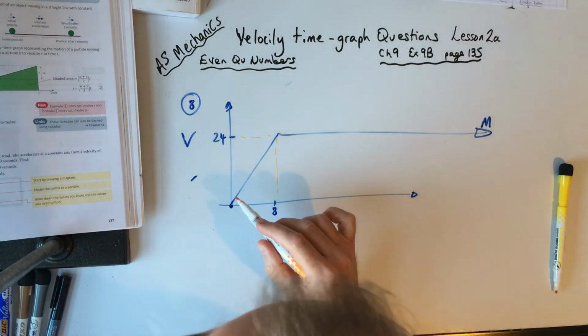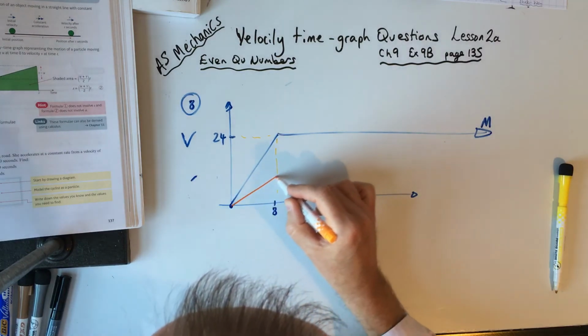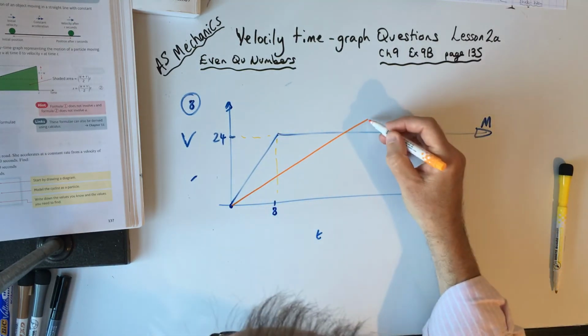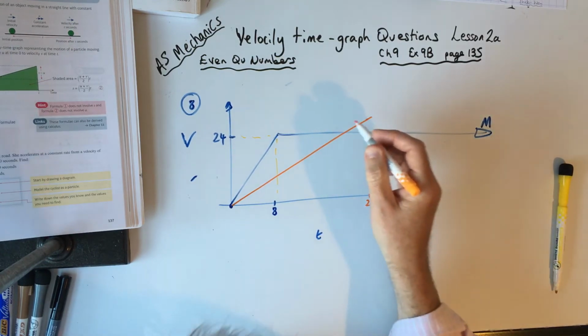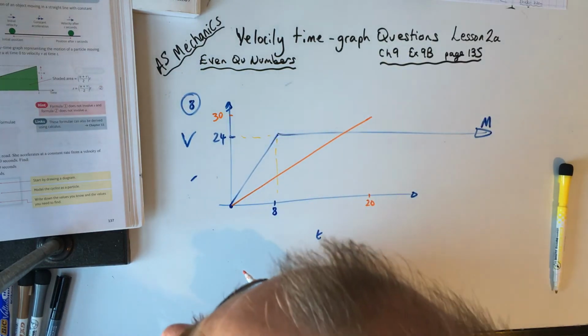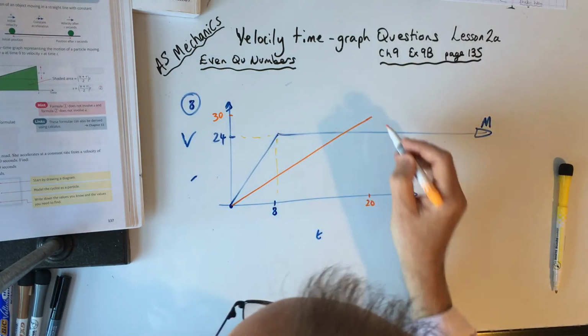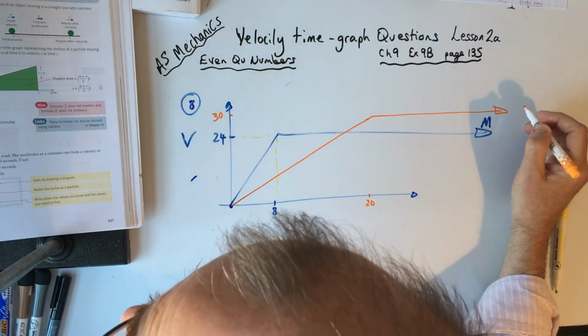It does it over a long time, over 20 seconds, so it's going to be accelerating a little bit slower. It's going to reach 30 meters per second in 20 seconds, and then it maintains that velocity.